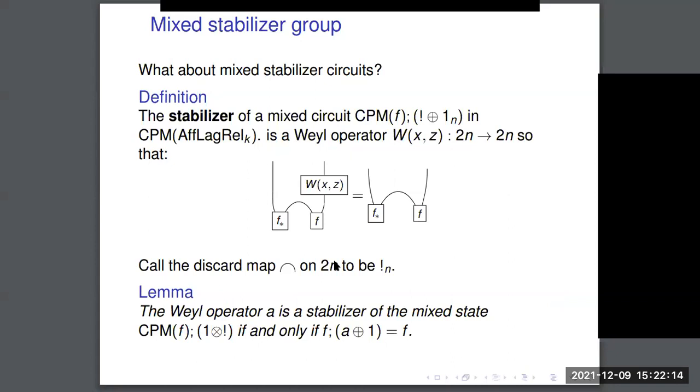No, this is the standard notion. If you think of how you would draw a stabilizer of a mixed state in bracket notation, you're multiplying on the right by the stabilizer, and it's kind of an asymmetrical thing.